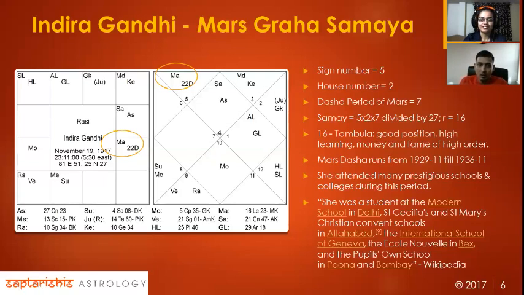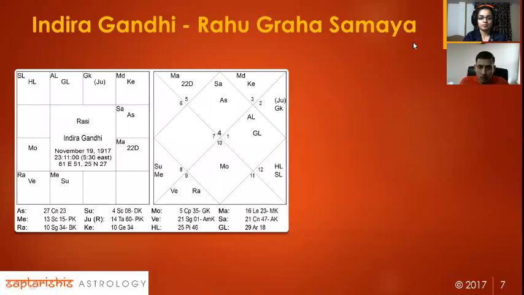Wonderful. So let's see what happens next in her life. After Mars, the period of Rahu begins. Rahu, as we notice, is in the 6th house in Sagittarius sign. Sign number is 9 and house number is 6.